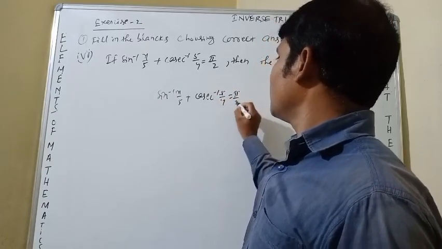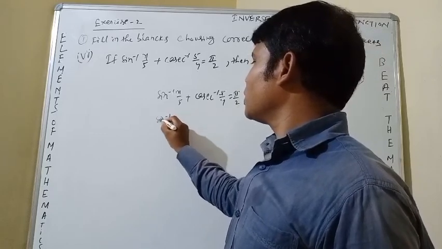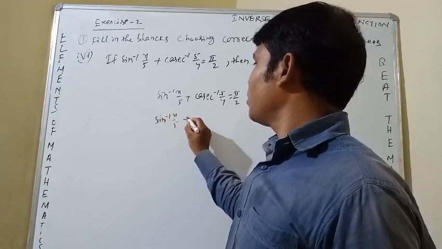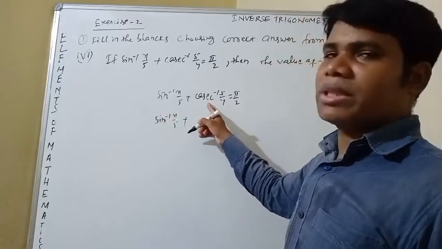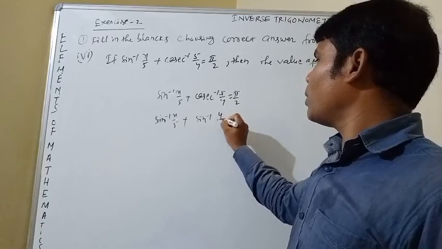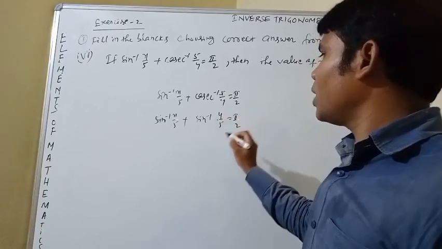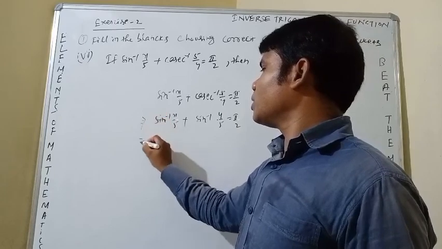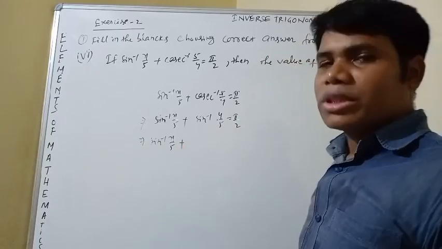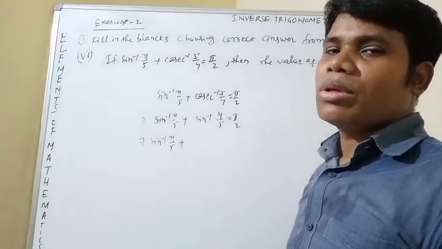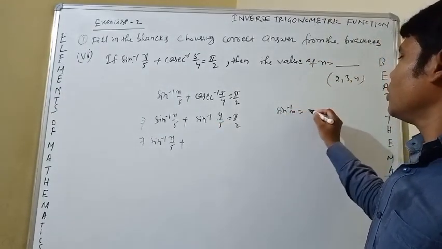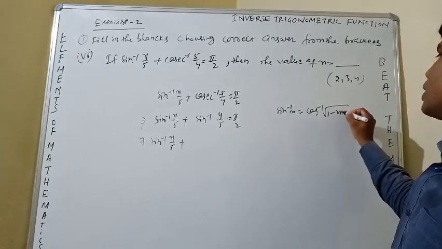Okay, sine inverse x by 5 plus cosec inverse I can express in sine inverse 1 by x, that is 4 by 5, is equal to pi by 2. This is equal to how much? Sine inverse x by 5 plus, sine inverse x can be expressed into cos inverse. Sine inverse x is equal to cos inverse root over 1 minus x square. This formula we can apply here.